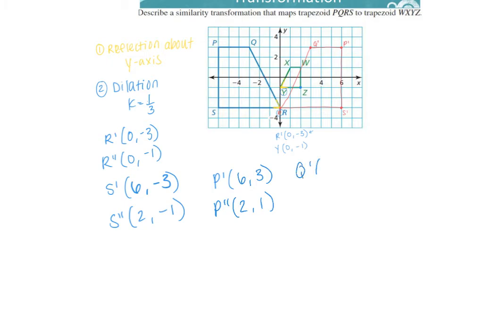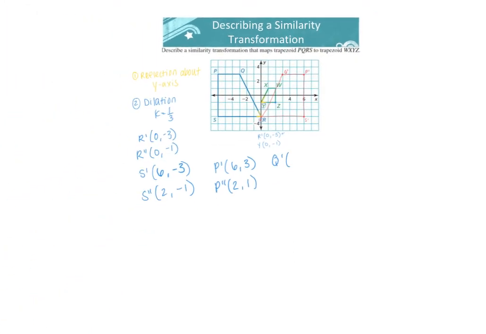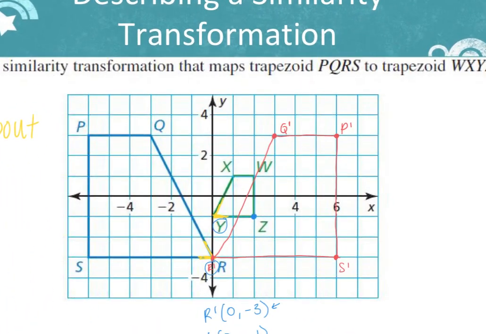Q prime is at 3, 3. That's right up there. So Q double prime will be at 1, 1. And those are both these two points.